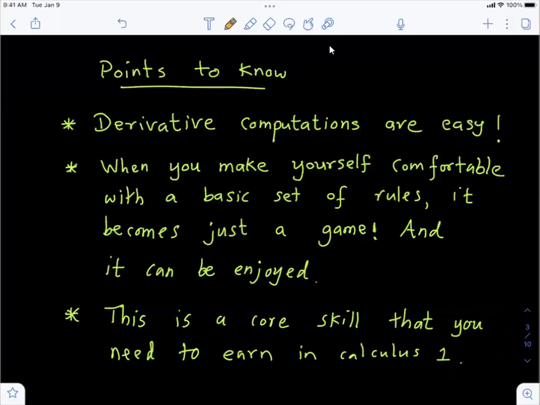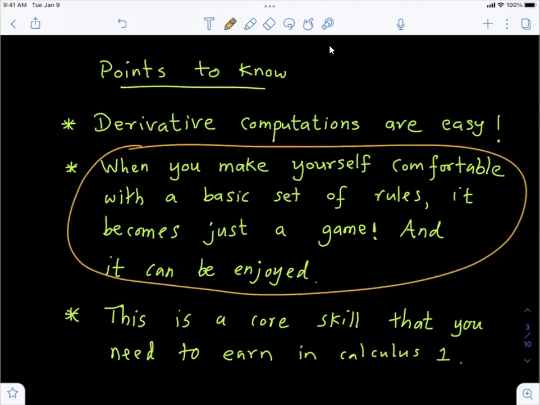And then on the other hand, an essential skill does not mean it is uncomfortable. You can make it comfortable. You can make it just a game. Think about a chess play. When you know how each and every piece can be moved, whether you play an excellent opening game or end game, it doesn't really matter. As long as you know how to play it, you know how to proceed at each step.